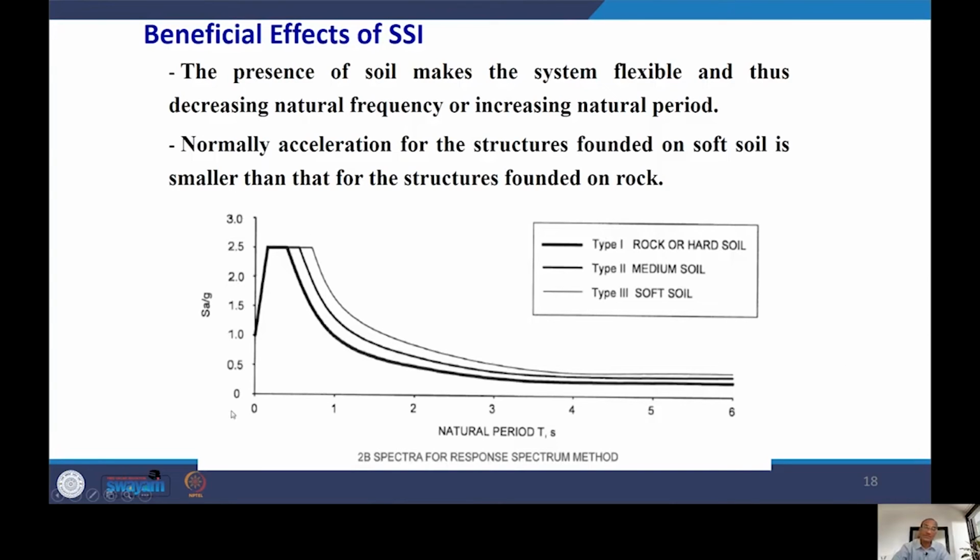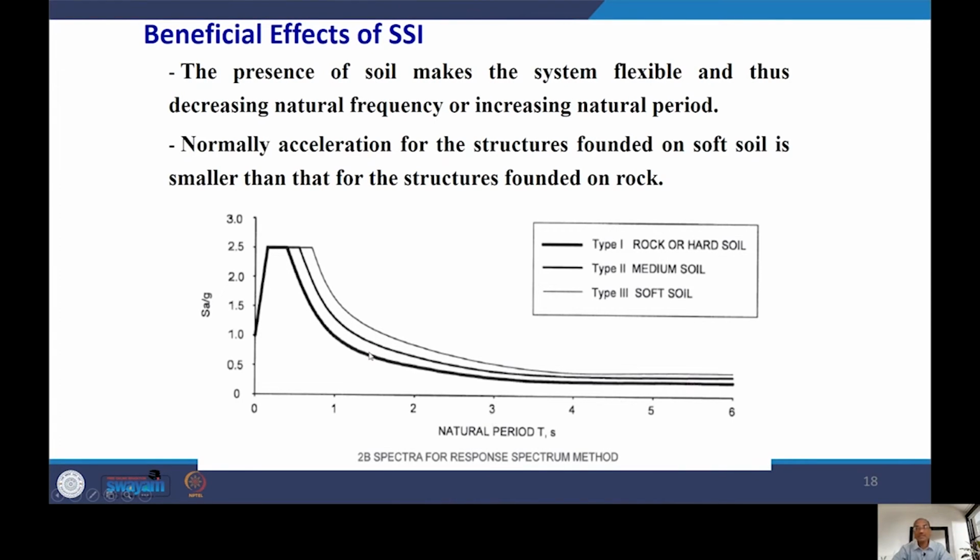This is the response spectrum for a typical single degree of freedom system, and this figure is taken from IS 1893. Normally the presence of the soil makes the system flexible, as we discussed, and thus decreases the natural frequency, or there is an increase in the natural period.